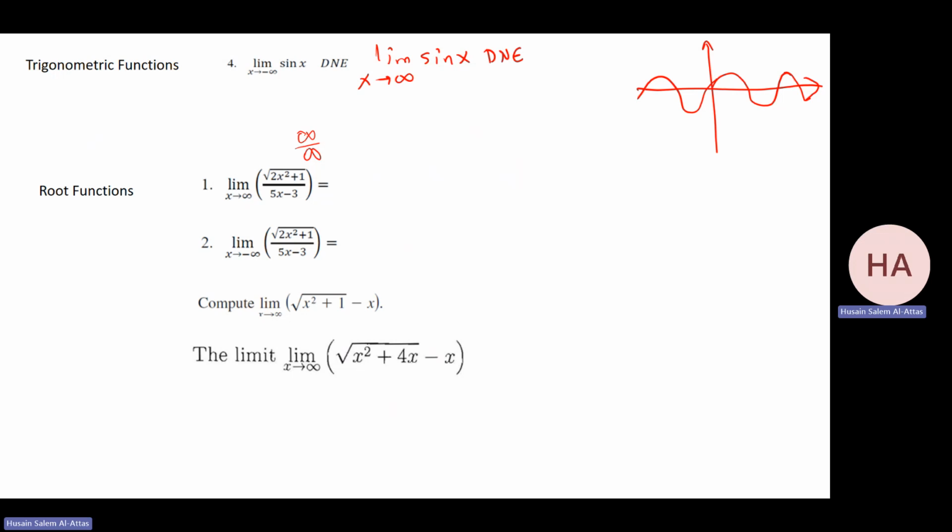One way to do it, if you remember, square root of 2x squared plus 1. If I take x squared as a common factor, that will be 2 plus 1 over x squared. And that gives me the square root of x squared times the square root of 2 plus 1 over x squared.